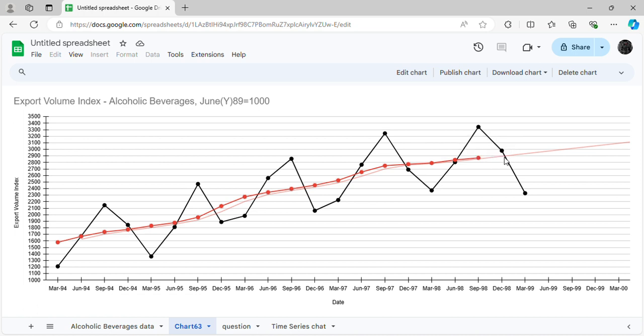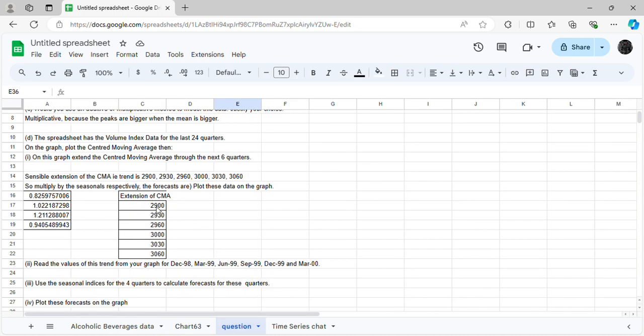So December 1998 is about 2900. And for March 1999, it's about 2930. So every time it increases by about 30 to 40 units. So we'll have 2900, 2930, 2960, 3000, 3030, 3060.